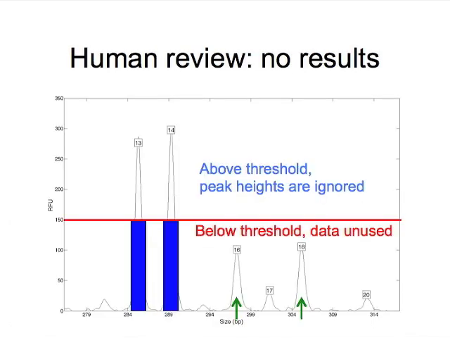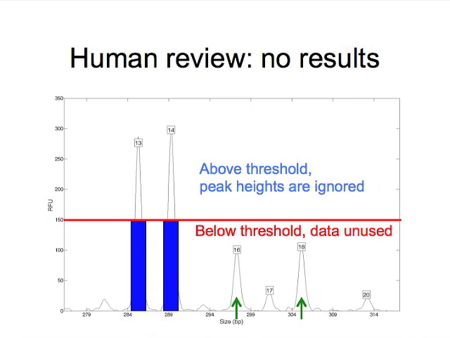So human review doesn't produce results in these sorts of cases for several reasons. One of them is that people apply thresholds to the data. Instead of looking at patterns where you can see what's tall, what's medium, what's low, and how the data arranges itself, a line is drawn at some level that the lab sets based on calibration studies. And everything above that line is considered to have equal standing.